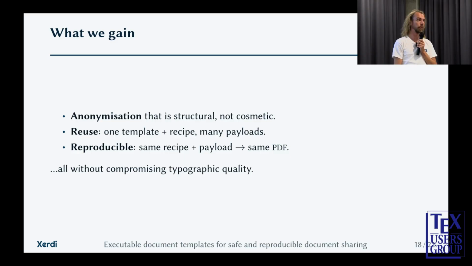You can typically split up namespaces like client data, which you want to redact, for example, so you can fully redact that data at one time. And it's reproducible: same recipe plus payload, same PDF. And yeah, the typographic quality is as I would like to see it.